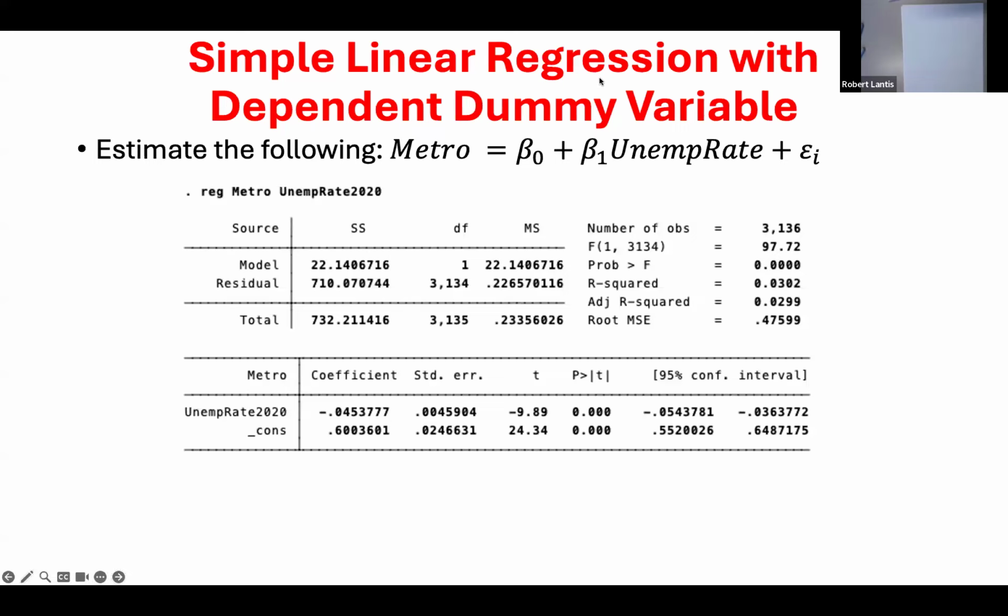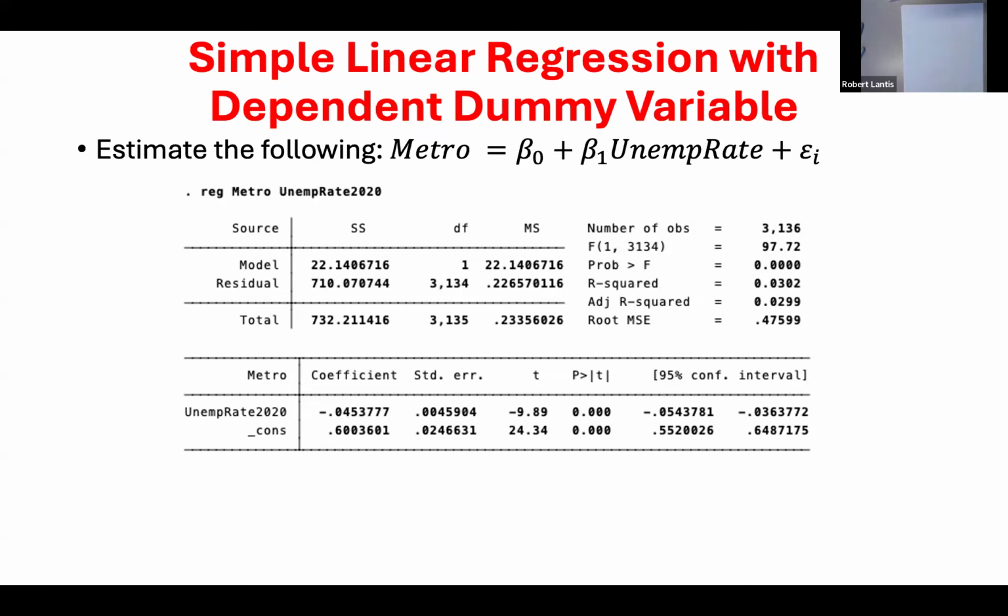Maybe it's wrong. So how do I interpret a slope coefficient? It's a 1 unit change in my x variable. So here, if the unemployment rate is measured in percentages, a 1% increase in the unemployment rate would change the predicted y value by beta 1. So if this dummy variable goes down by 0.045, what is that really saying?